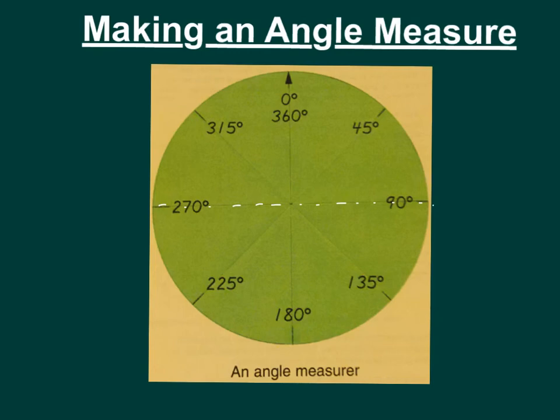Once that's done, you're going to fold your circle in half again. Fold your circle in half once more. Altogether, you should have folded your circle in half 3 times.